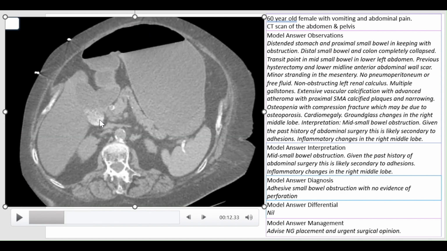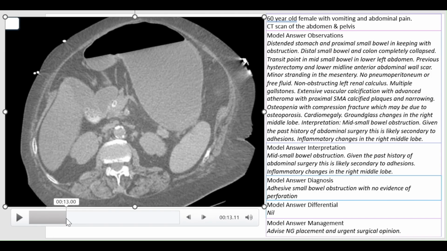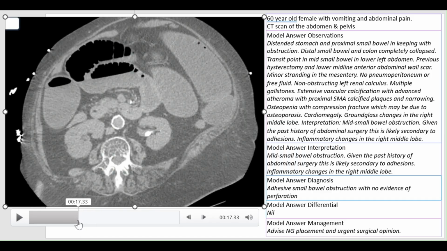Also in this patient, as you can see here, there are multiple gallbladder stones. So look here, this is the gallbladder. Can you see the multiple gallbladder stones? This is the right kidney.